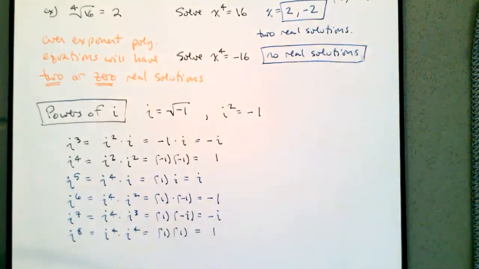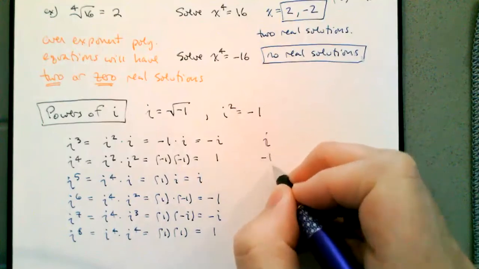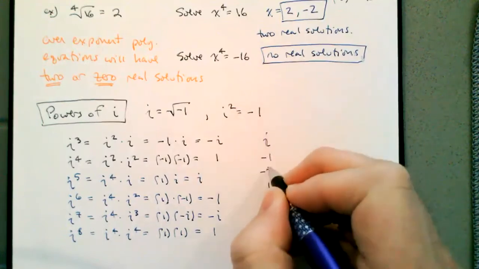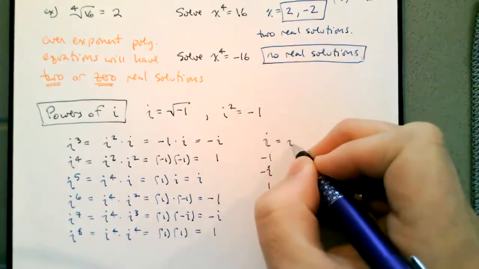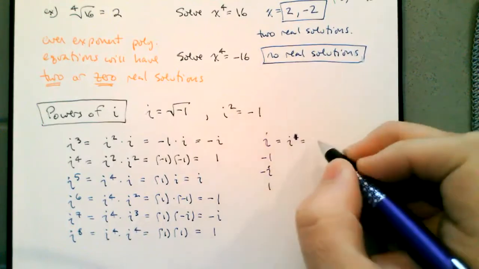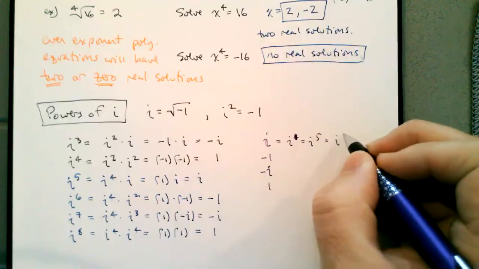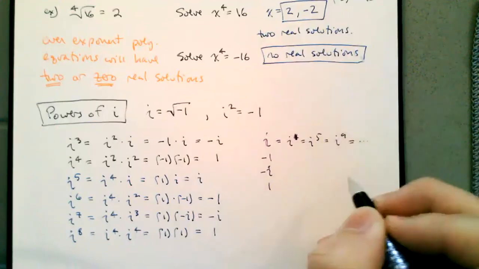So when we look at powers of I, there are 4 things that we can get. I, negative 1, negative I, and 1. Here we have I to the first, I to the fifth, I to the ninth, and so on.